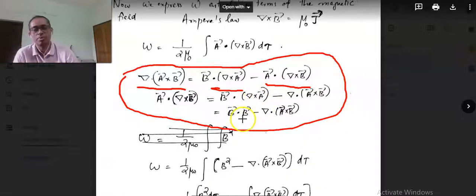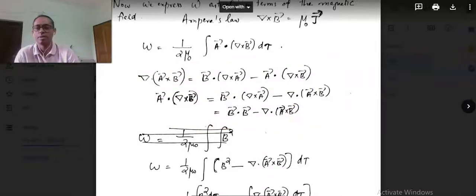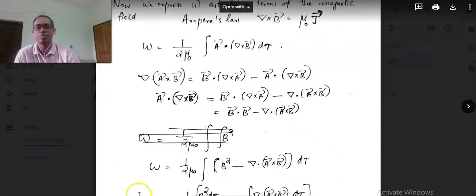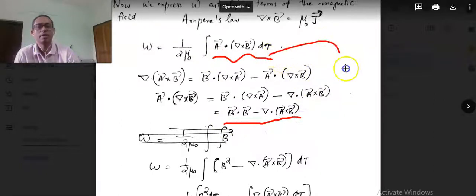Del cross A is B. So we have B dot B minus del dot A cross B. And B dot B is B squared. So we are substituting this for A dot del cross B.